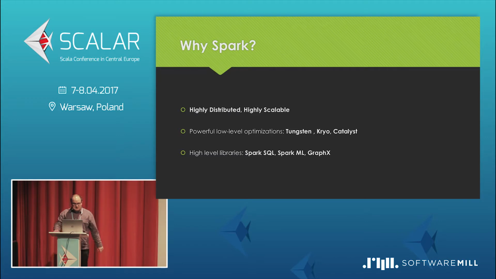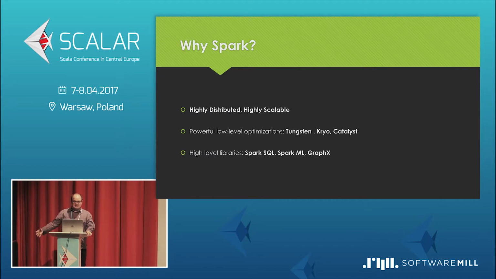So first question: why use Spark? I believe John answered that question yesterday when he said that Spark changed the world. I guess that everyone is more or less familiar with Spark. It's a highly distributed, scalable big data engine. It's the big data engine basically right now. It has some really powerful low-level optimizations: it has Tungsten, Kryo, Catalyst.